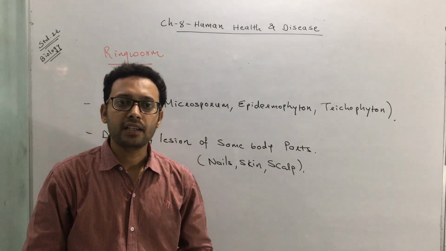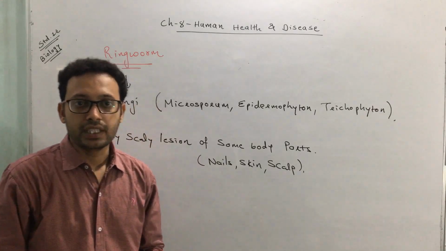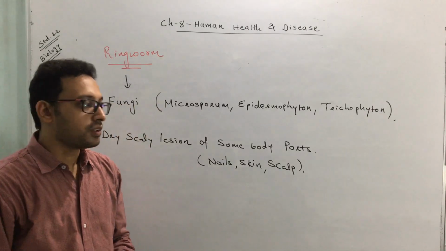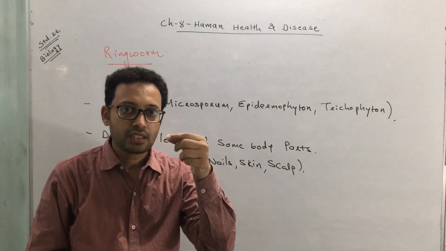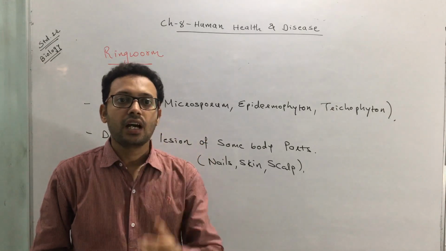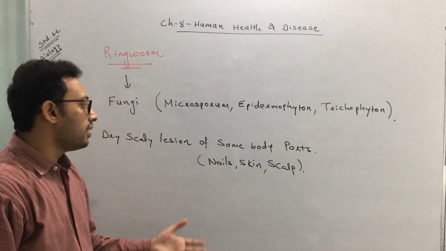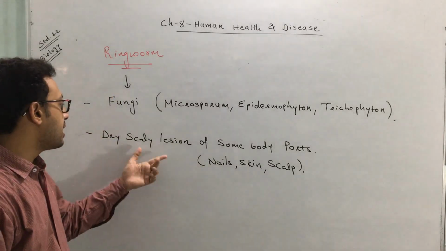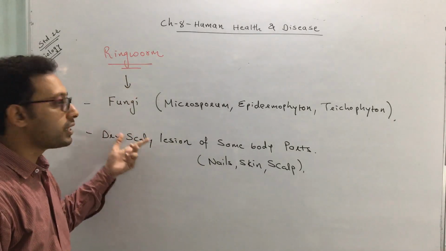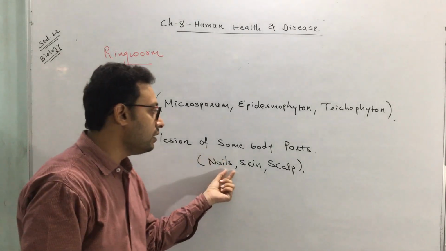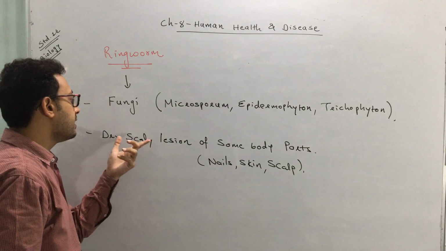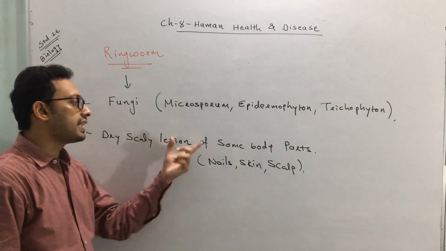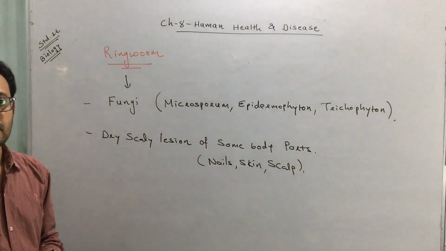It is caused by epidermophyton. So in dandruff there is a formation of dry scaly lesions. You can see white flecks are formed. The same type of symptoms occur in ringworm, because it also affects nails, skin and scalp, and on this region of the body there is an appearance of dry scaly lesions on some body parts.